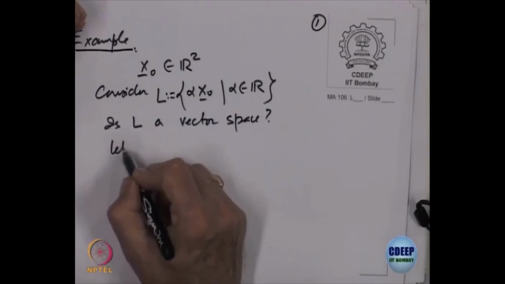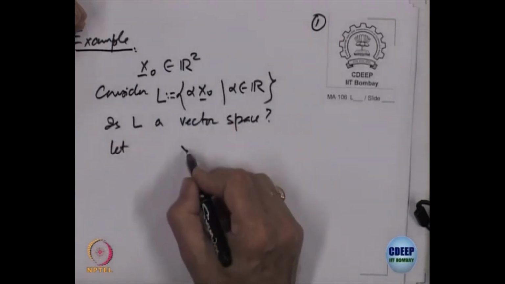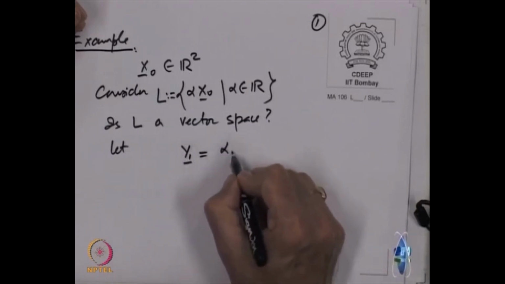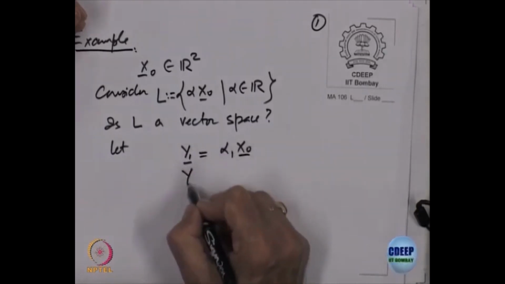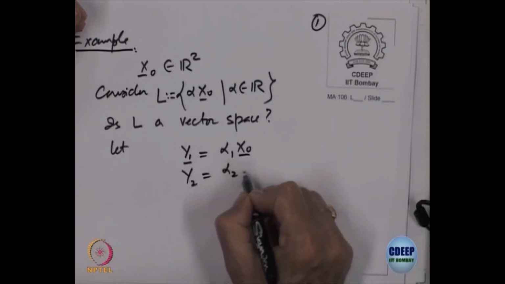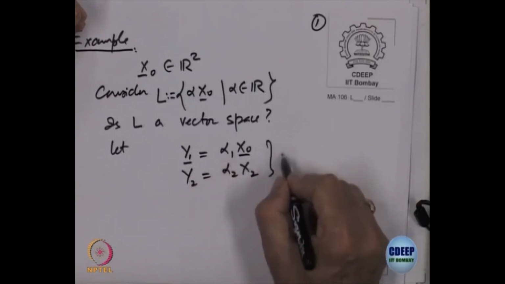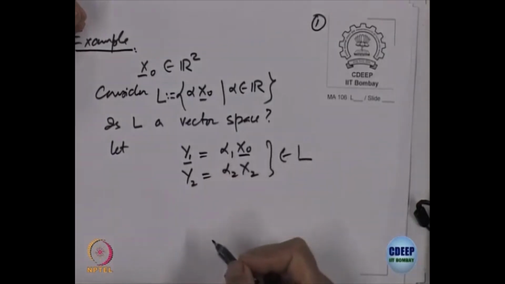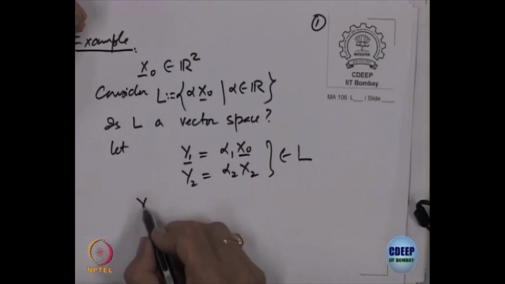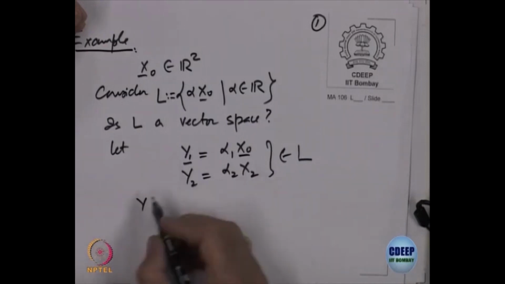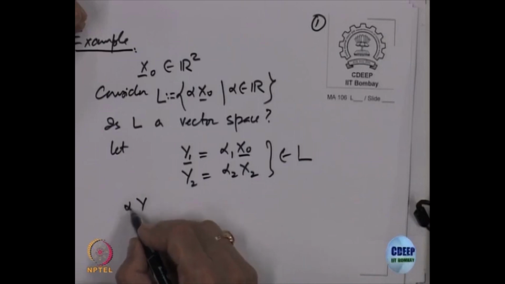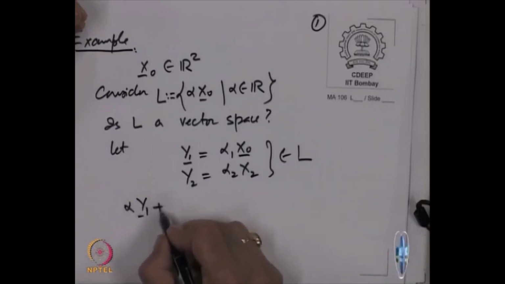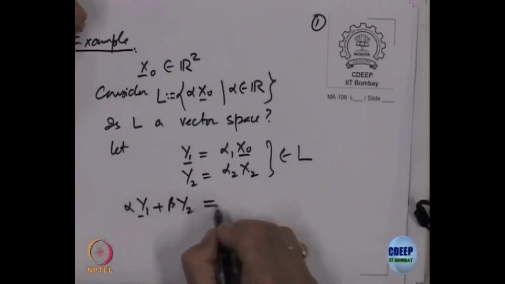Let us call them y1 equal to alpha1 x0 and y2 equal to alpha2 x0, both belonging to L. Take two vectors, then what is alpha y1 plus beta y2 equal to?